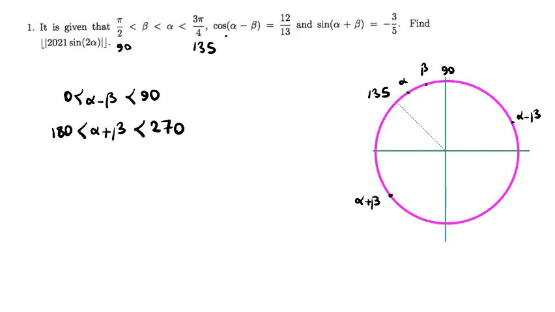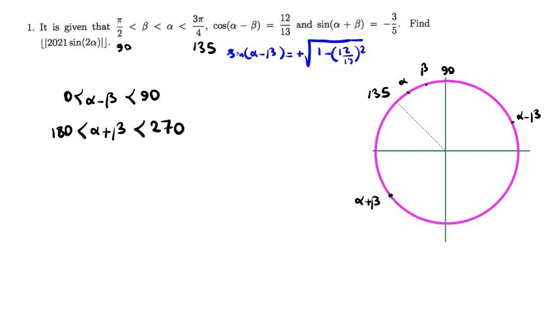So when we want to find sine of alpha minus beta, because alpha minus beta is in this place, it is positive. It will be plus the square root of 1 minus this squared, because sine squared of theta plus cos squared of theta equals 1, where theta here is alpha minus beta.